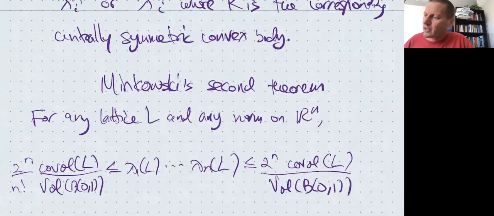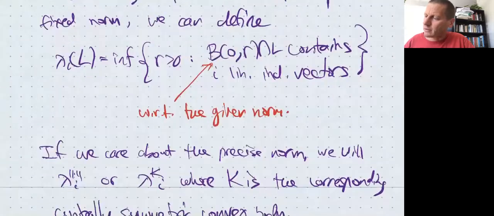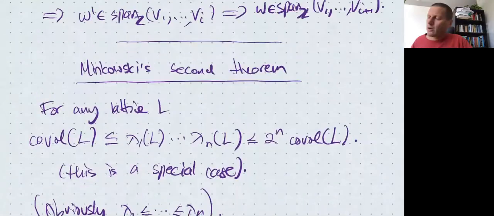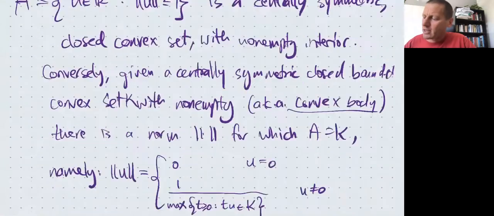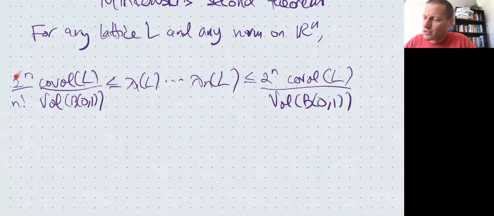So comparing to the previous, if you compare to this statement here, you see that I've changed the right-hand side and left-hand side. The dependence on the co-volume is the same, but I've changed the constants. And the constants involve a numerical term, which is this term and this term.